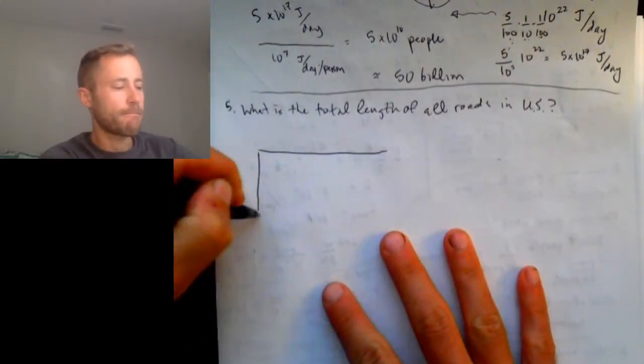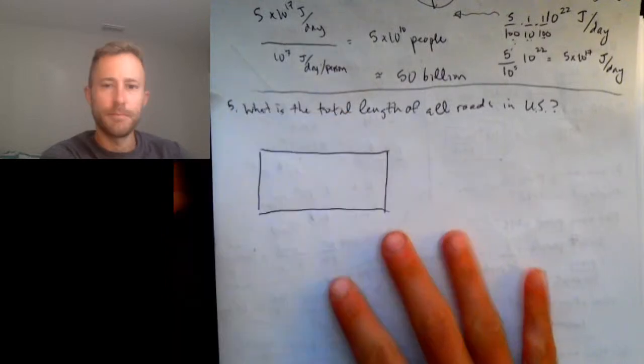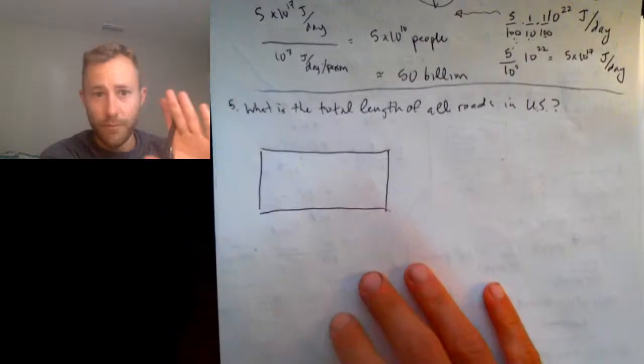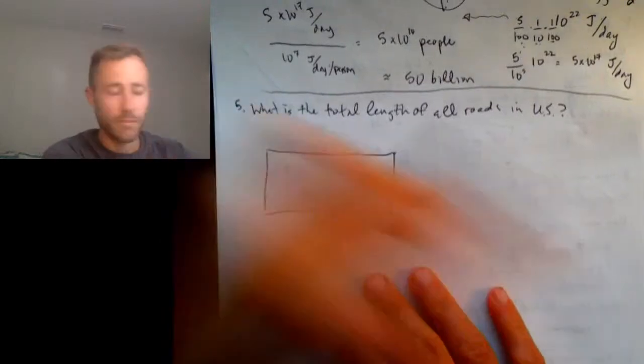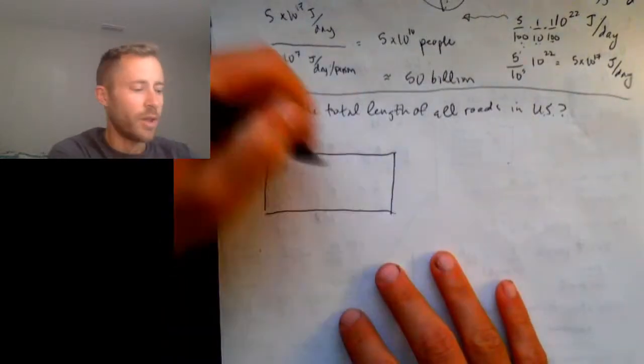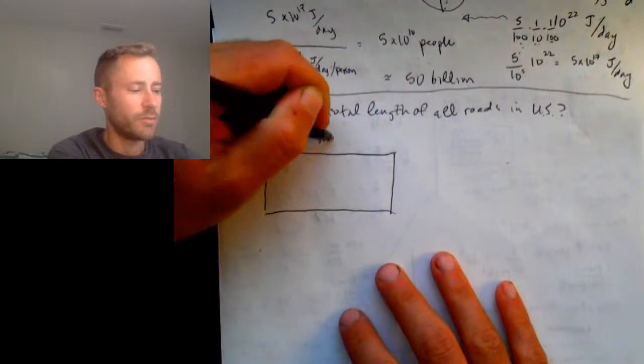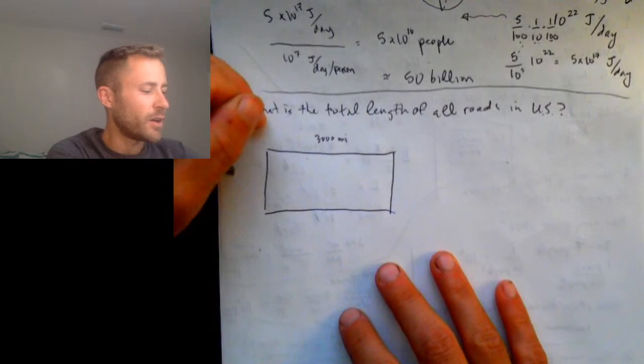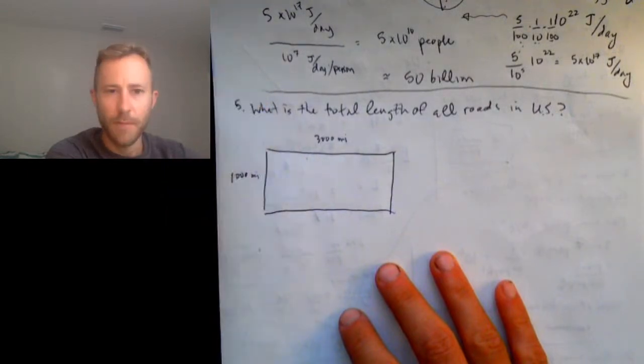Okay. And for the moment, don't panic. By the way, that rectangle is roughly 3,000 miles wide, and maybe about 1,000 miles tall.